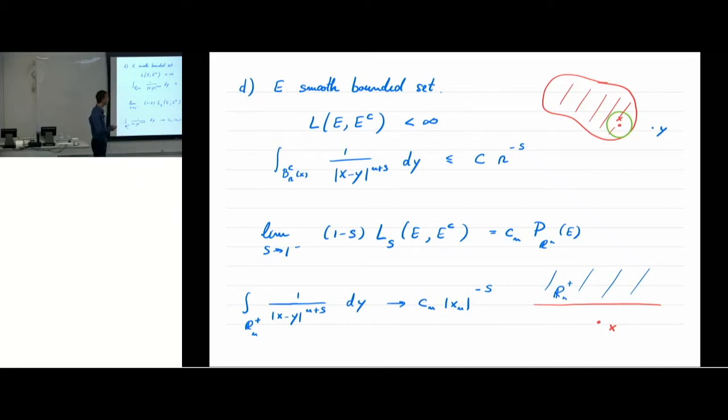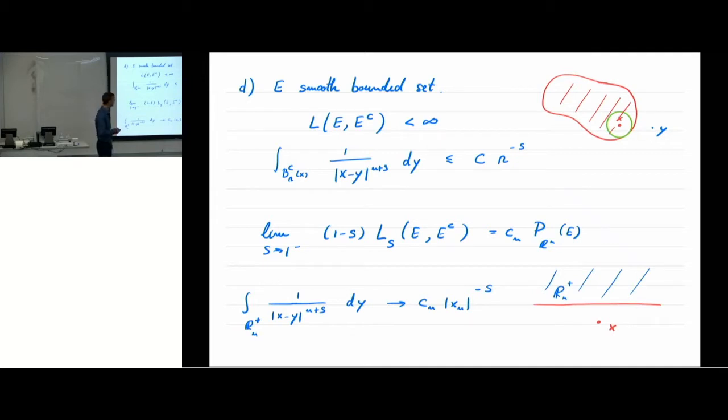But we saw yesterday that if you pick an x and integrate over all y outside of a ball of radius r around x, the most this kernel can give is r to the minus s, where r is the radius.